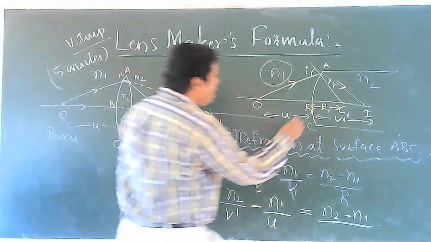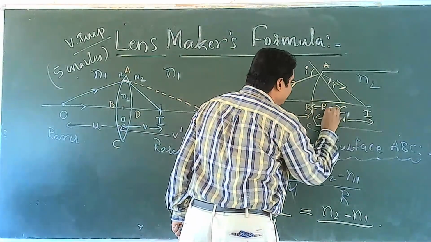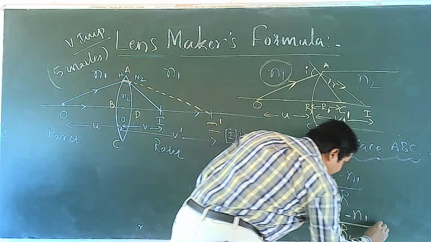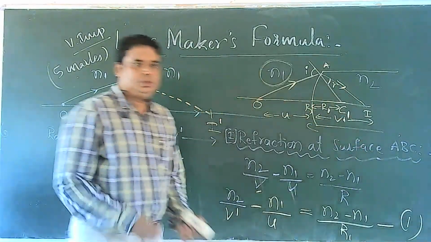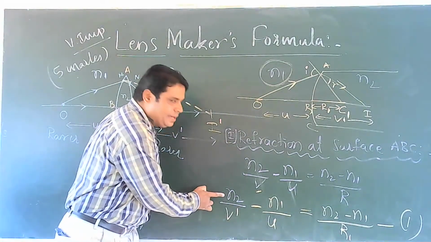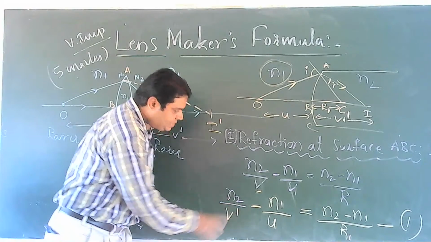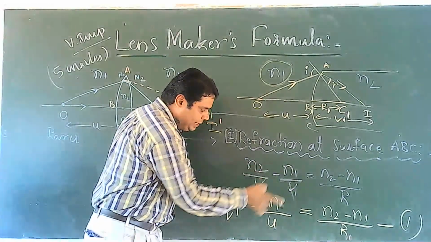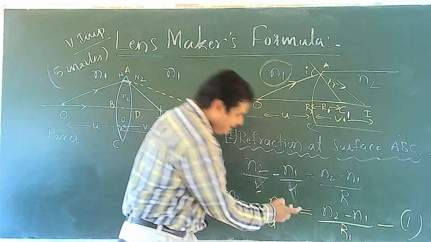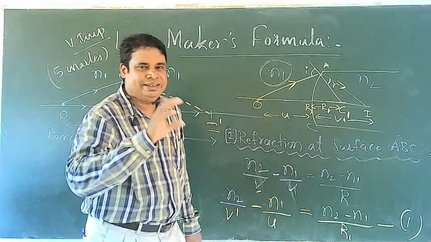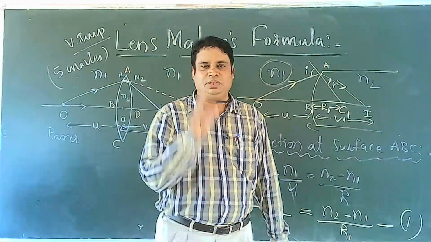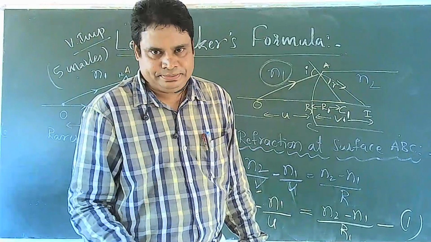What about R? Here R is in this case R1, C is C1. So let me write it as R1, equation 1. Hope you understood. Refractive index of image space divided by image distance v dash, minus refractive index of object space divided by object distance is equal to difference in refractive index divided by radius of curvature. For this surface, radius of curvature is R1. If you are perfect in this, let's move next.